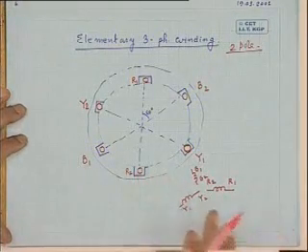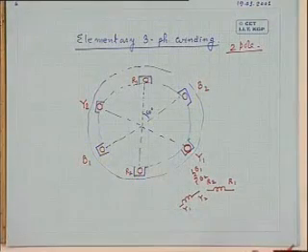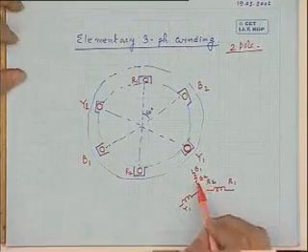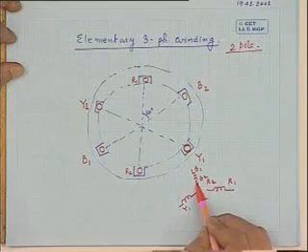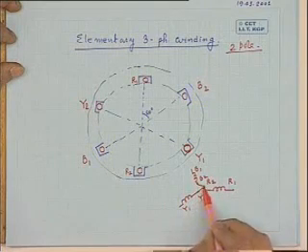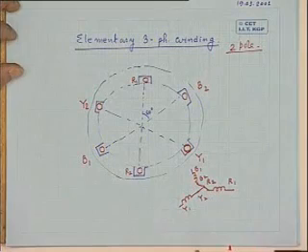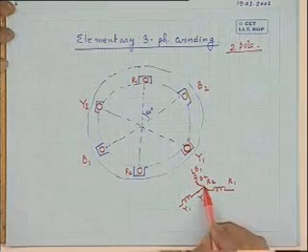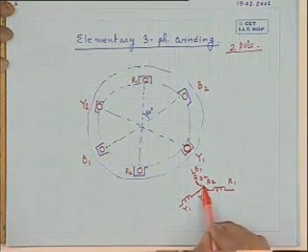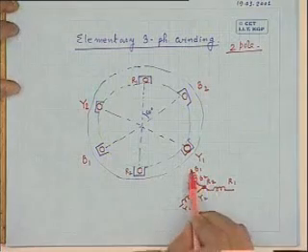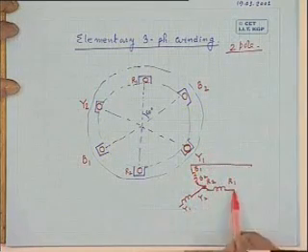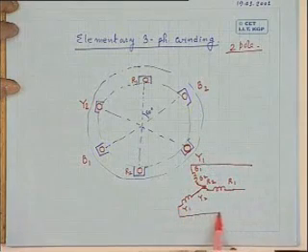With respect to their magnetic axes, this can be shown in this fashion, the symbolic, simplified diagram. Now what I will do is this: these three coils I will join in star. Suppose R2, Y2, B2 I will short.